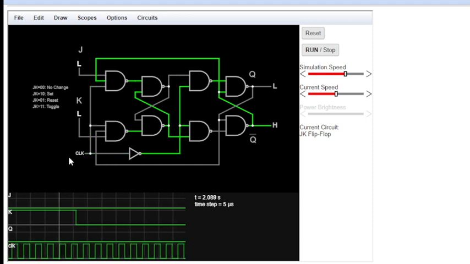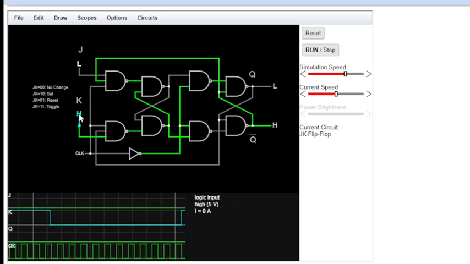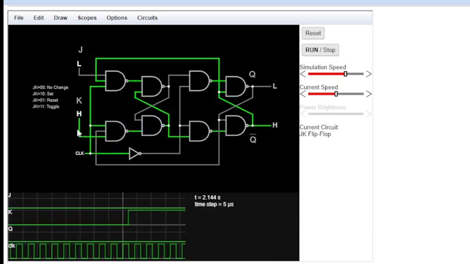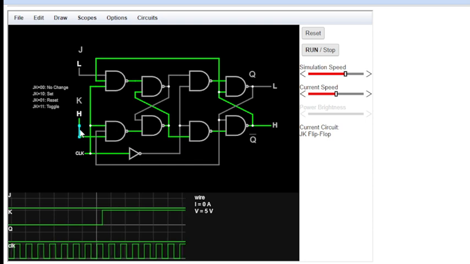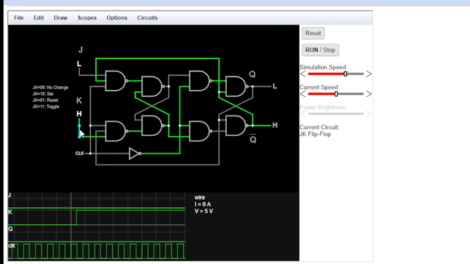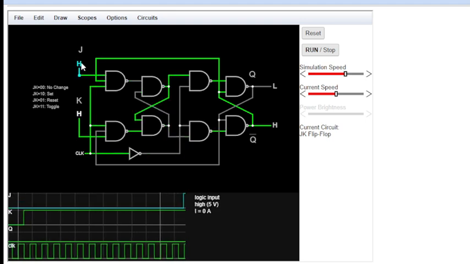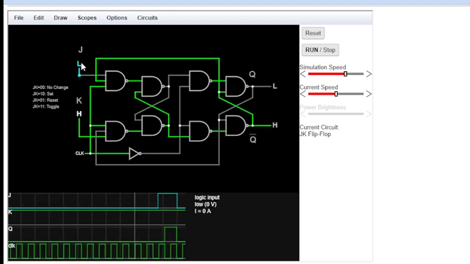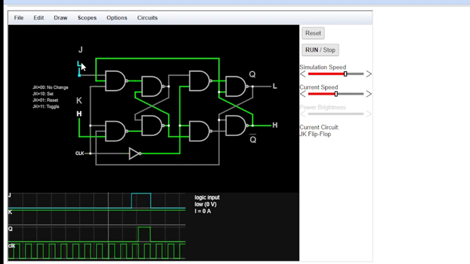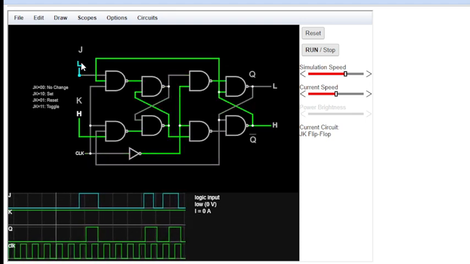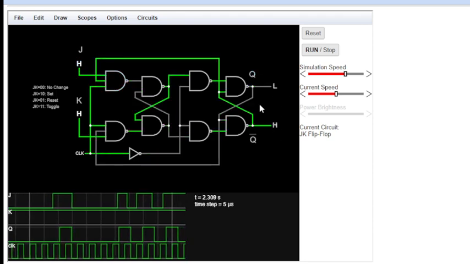If I make it high again, you can see this one basically is not affecting the output Q on the K side. You have to keep this in mind: only the J affects the output, because we are taking the output as Q.